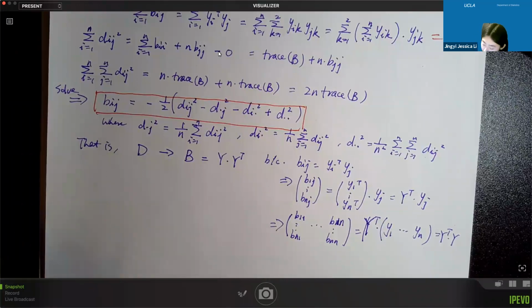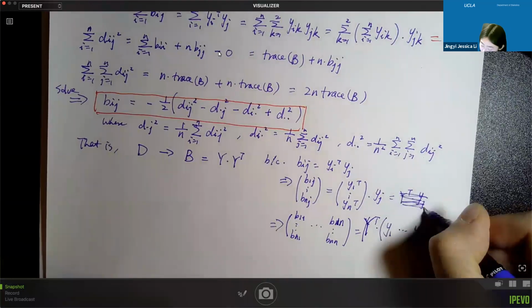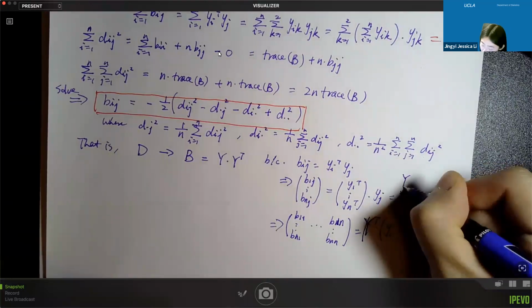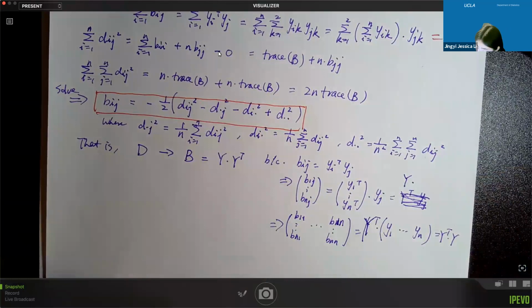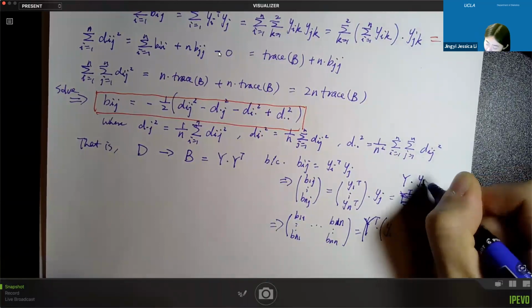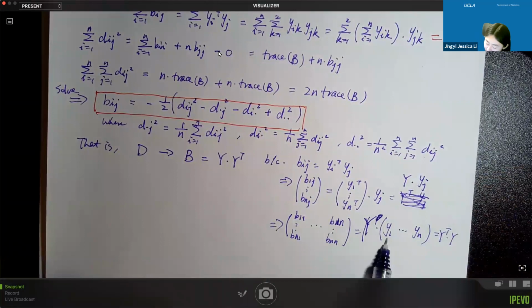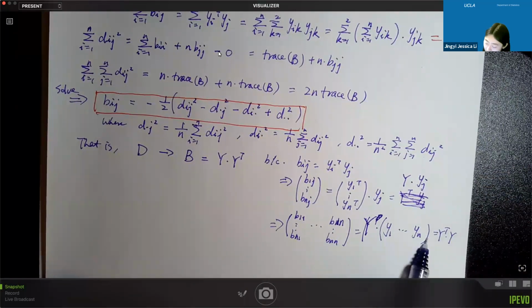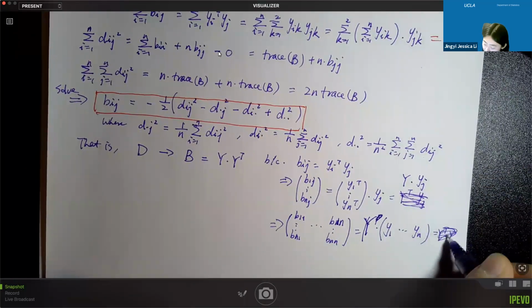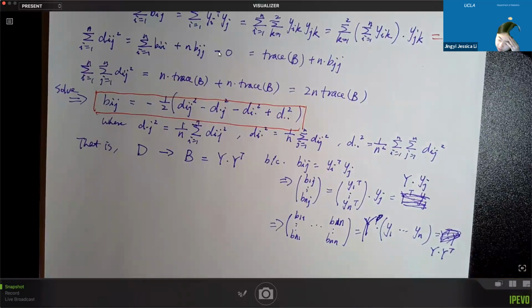This is Y times Yj, because this is the n rows of Y times Yj. And I lay the rows of Y as columns. So yeah, this is wrong. It's Y times Y transpose. Yeah, that's the Gram matrix.